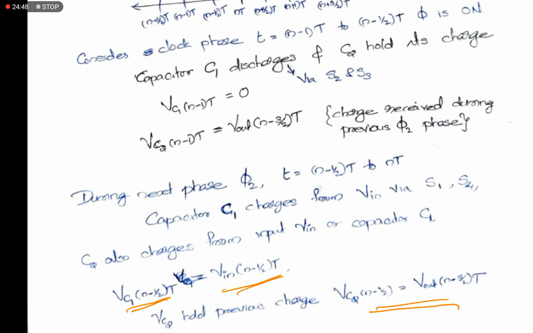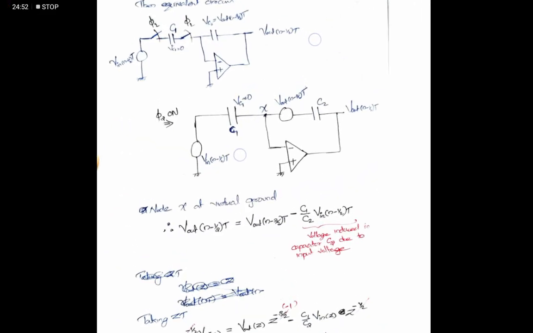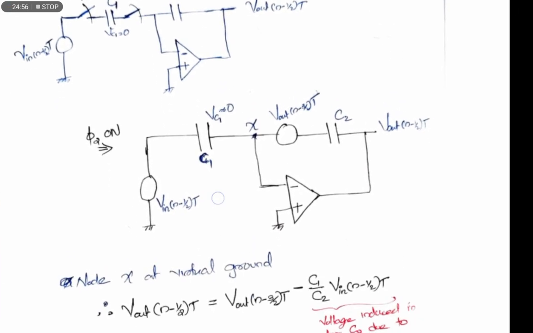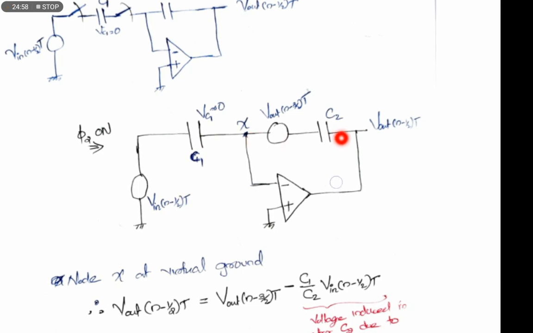The capacitor will charge from this one, and this is the condition we have. After that, C2 will charge from this one, and the output voltage will change.